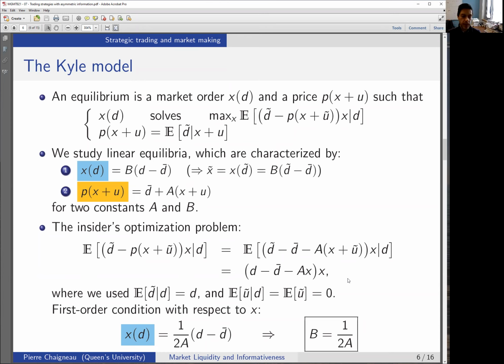And you can view that as the insider trying to disguise his trades, trying to not reveal his information by submitting very, very large amounts.